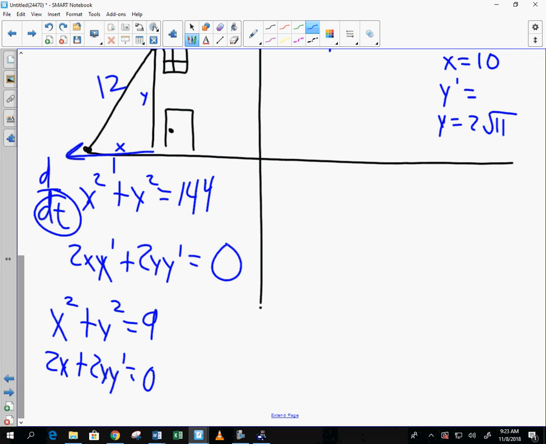Because it's derivative with respect to time, not x. See the difference? Because you got that t variable right here, that tells you got to attach the x prime to the x. If it was derivative with respect to x, then it would just be 2x plus 2y y prime. Got it? Excellent, excellent question.